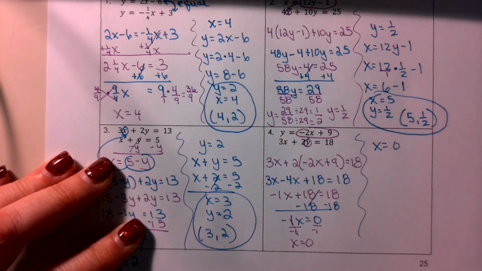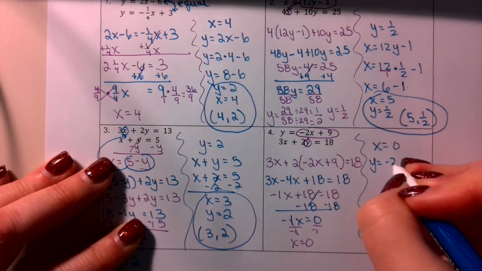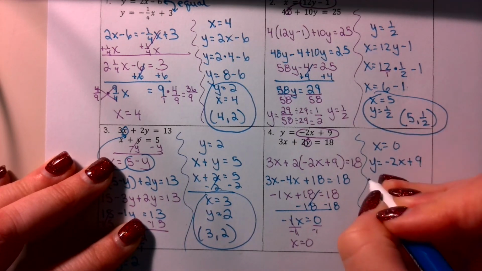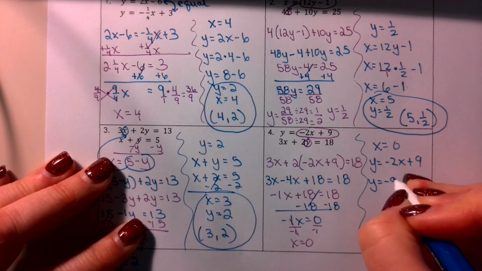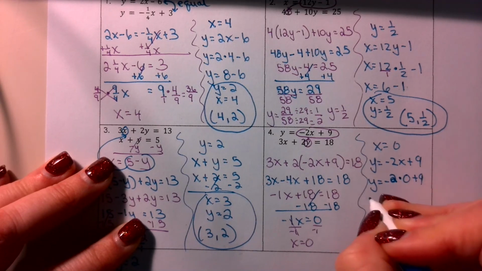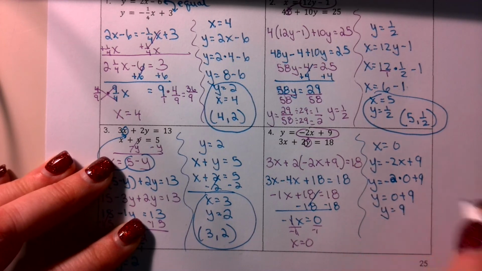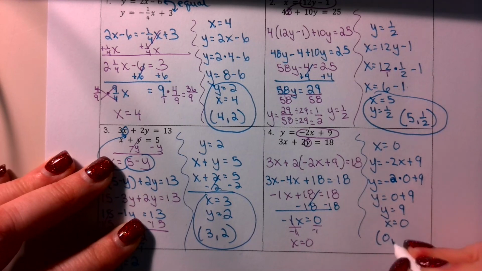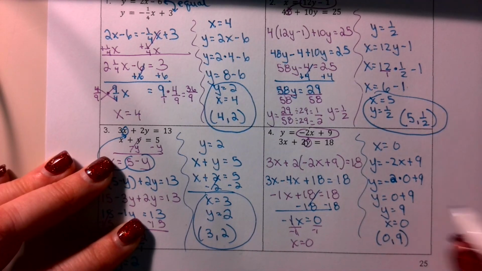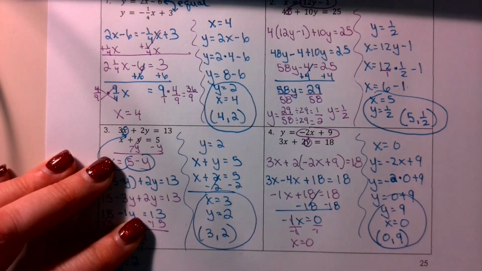And I'm going to use my first equation, y equals negative 2x plus 9. So y equals negative 2 times 0 plus 9. Y equals 0 plus 9. Y equals 9. So y equals 9, x equals 0. These two lines will intersect at the point 0, 9.